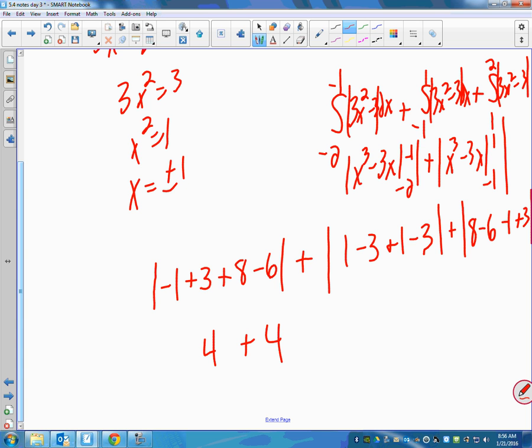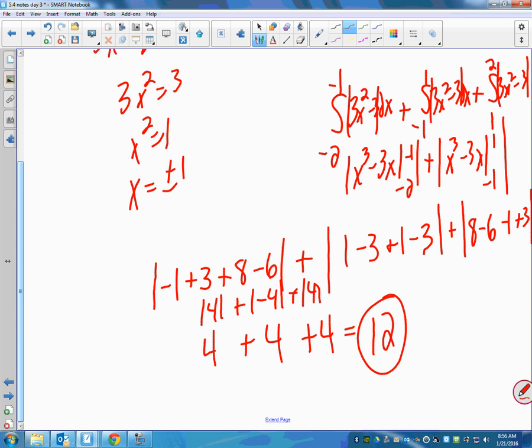Four. So, just to think about this, this was really the absolute value of 4 plus the absolute value of negative 4 plus the absolute value of 4, which means that our net area would be different than our total area because some of that was negative. So our total area answer is 12, where if the question just said the net area, that would be right. See, look, adding is hard.